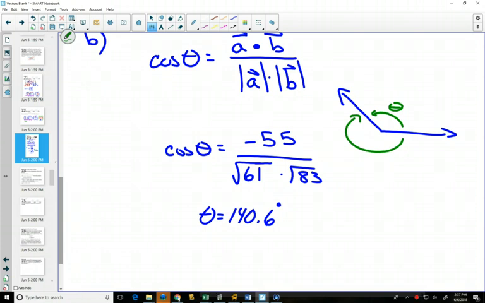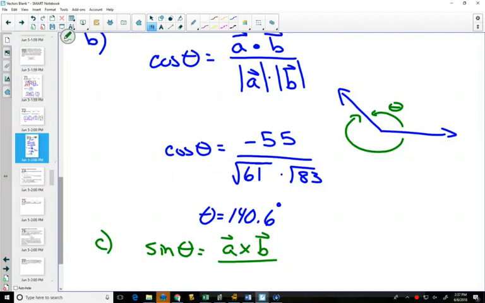Okay? Now, if you chose to find this out by using sine theta, I'll use A and B, it is the cross product of A and B divided by the length of A, length of B. And technically at this point, because you're solving for sine of theta and wanting a number, we're going to just do the magnitude of A cross B. So the magnitude of A cross B we figured out, right?